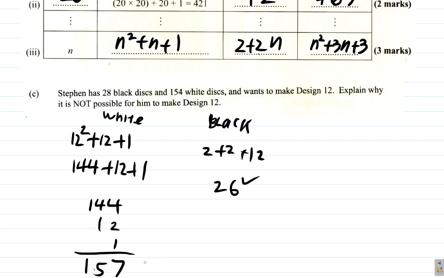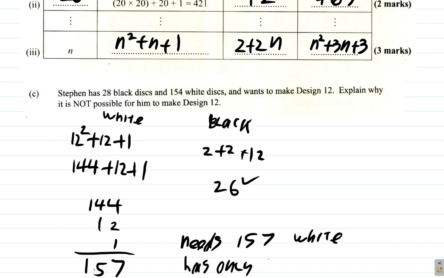Because he needs 157 white discs. But he has only 154. He would need 3 more.